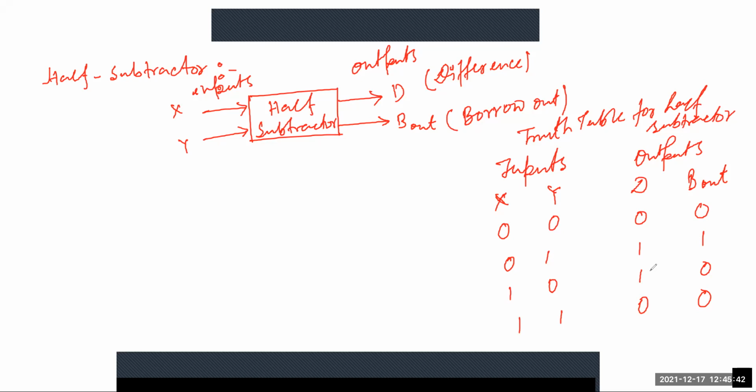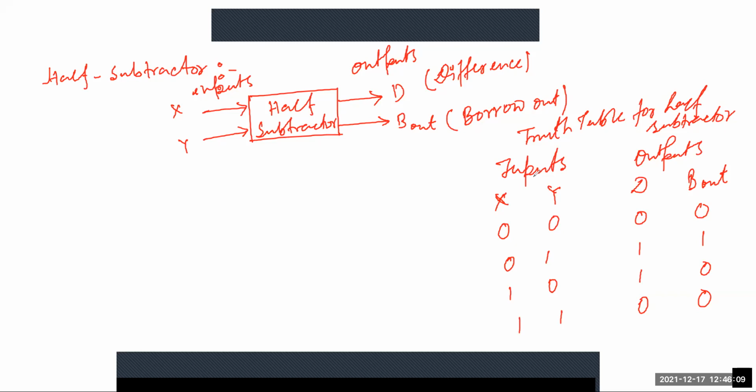If X is less than Y, the subtraction is done by borrowing 1 from the next higher order bit. Okay, so you already know binary addition, subtraction, multiplication, and division. From that concept, you can easily draw the truth table of half subtractor.